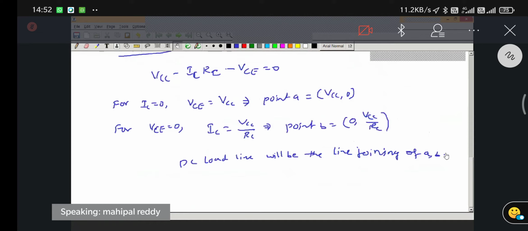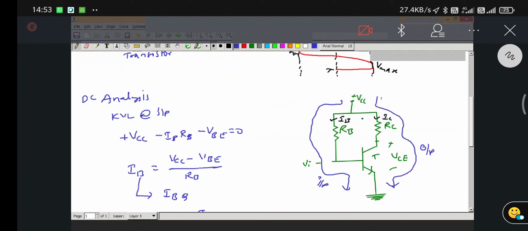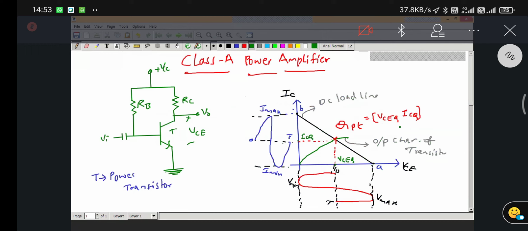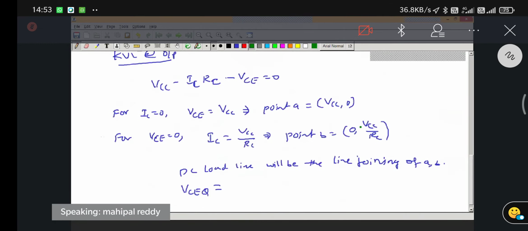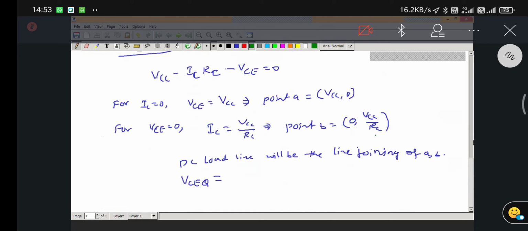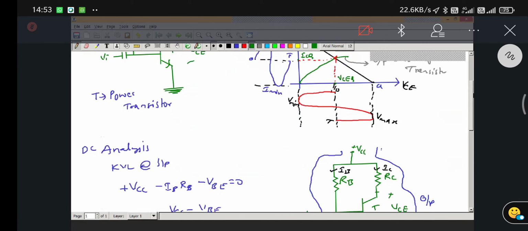You can observe here, this point is the VCEQ, and this point is the ICQ, and we got these two values.